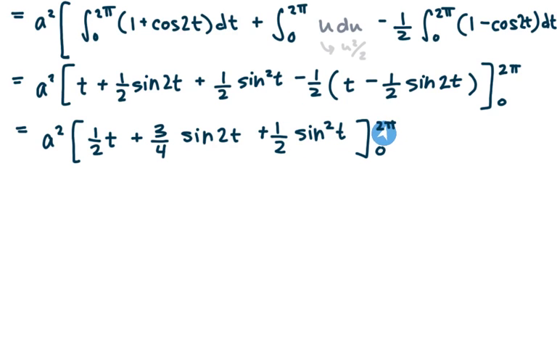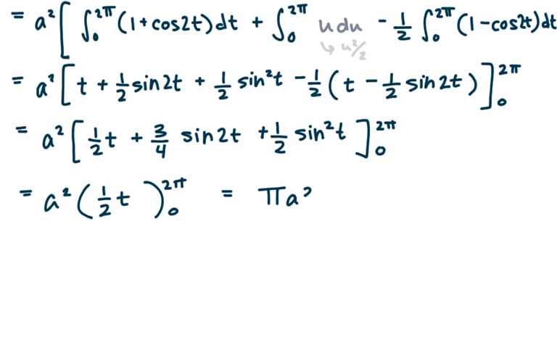So good news is when I plug 2 pi into sine or 0 into sine, those are just going to zero out. So we're really just looking at a squared times 1/2 t from 2 pi to 0 gives us a value of pi a squared for my flux across that field along the path C.